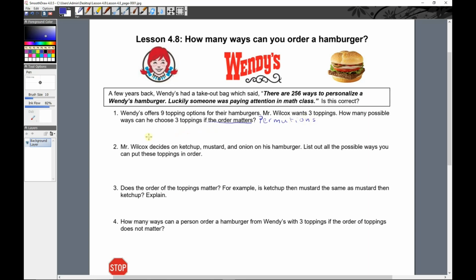As we normally do, for the first topping, he has 9 choices. Once he uses up one of those, he's got 8 left for the second choice. And using up those 2 leaves him with 7 for the third choice of topping. And that's all he's getting. So 9 times 8 times 7 is 504, which is an amazing amount of ways to get 3 toppings from 9 choices.